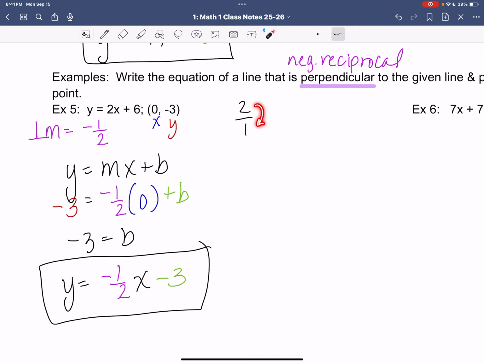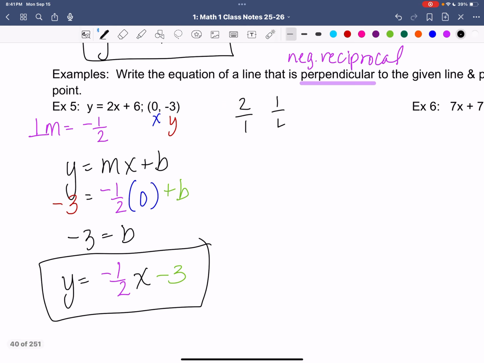We're going to flip it and make it 1/2. And now, if your original slope was positive, your new slope needs to be negative. So your perpendicular slope is negative 1/2. So this is the slope we're going to use for our new line.